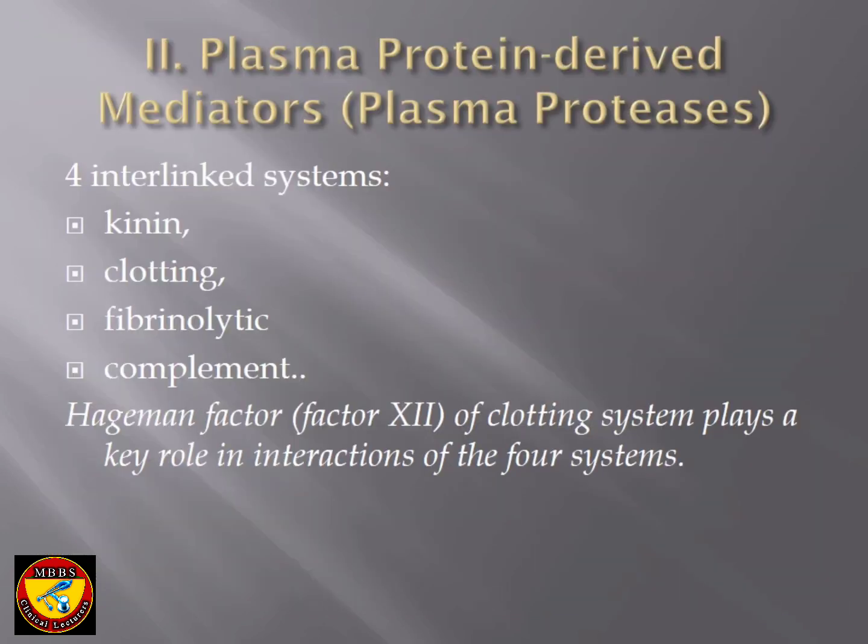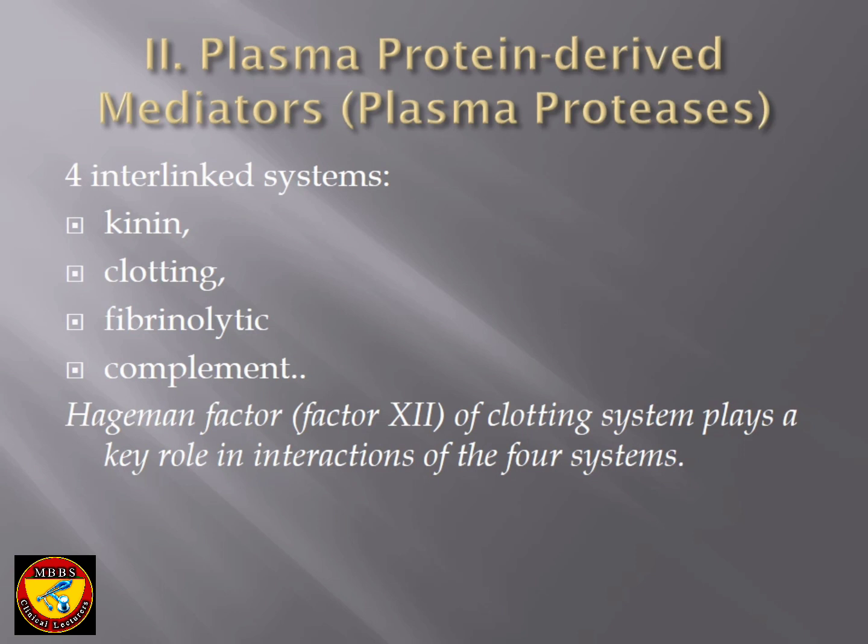Now the second group of chemical mediators are those derived directly from plasma proteins. These basically are the proteins which include different products derived from activation and interaction of 4 interlinked systems, in which we have kinin, clotting, fibrinolytic, and complement systems.